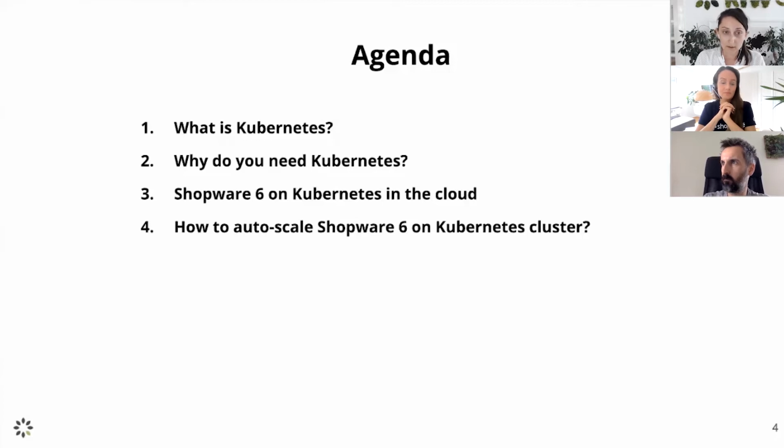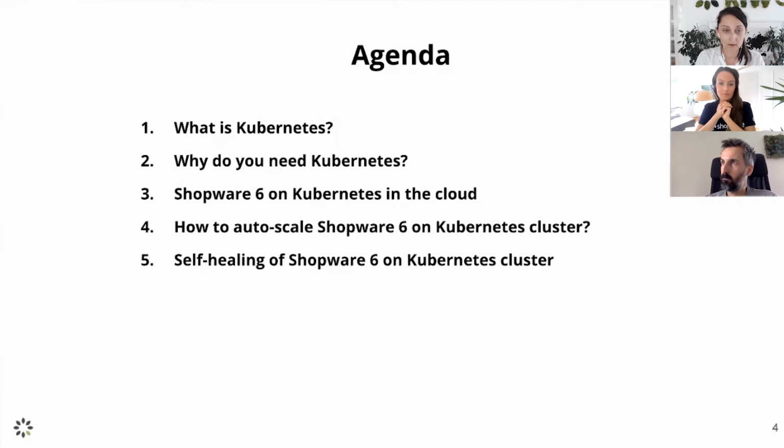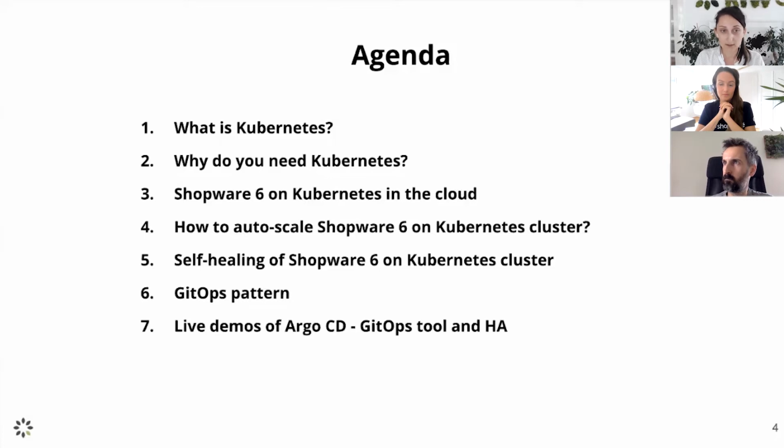Then how to autoscale Shopware 6 on Kubernetes, self-healing, and last but not least, the GitOps pattern. As Claudia mentioned, at the very end we'll have a live demo of Argo CD. After the live demo, we will have a question and answer session. We decided to spend 10 minutes on that.